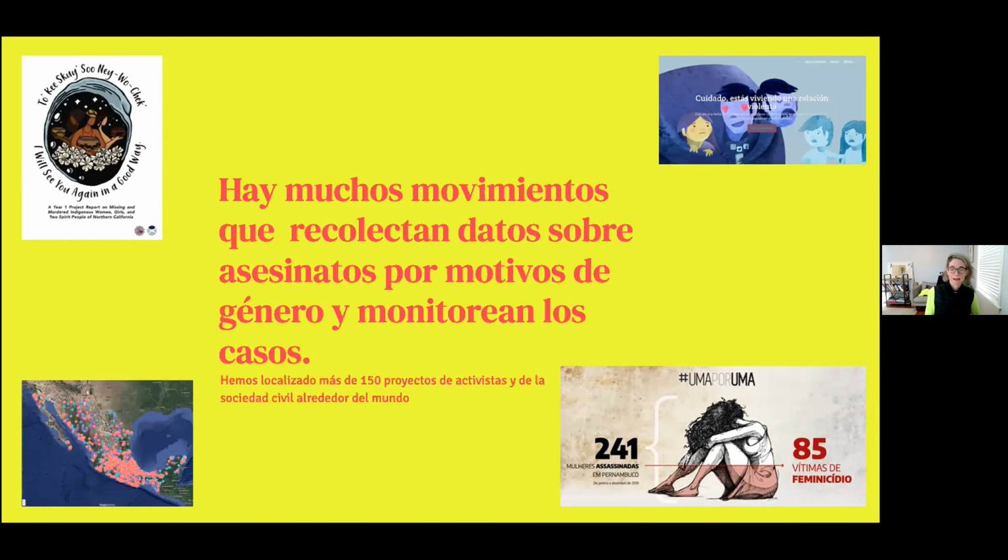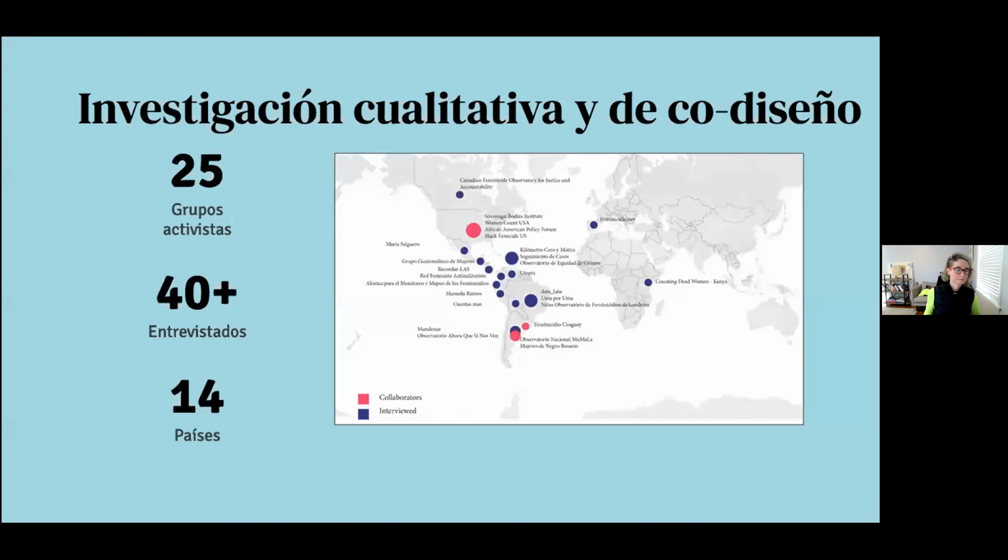Then you have Data Lab in Brazil that is working with transgender people. So these monitoring efforts are in all continents all over the world, but we are trying to focus on the American continent.